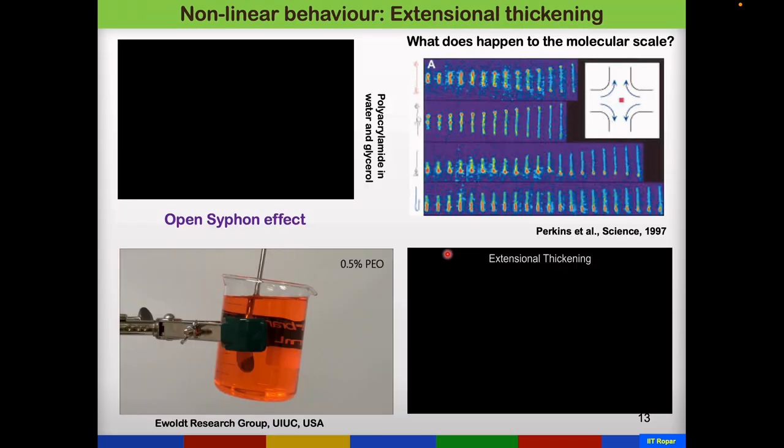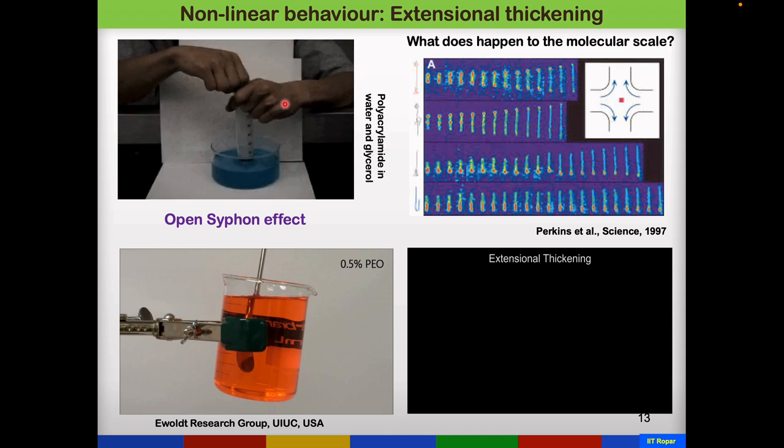Now I can give you many other examples of this interesting and complex flow behavior of viscoelastic fluids. This is the extensional thickening behavior. As I keep telling you, fluid microstructures like polymer molecules will be stretched and aligned, and because of that, elastic normal stresses will be generated and those interesting complex flow behaviors can be observed.